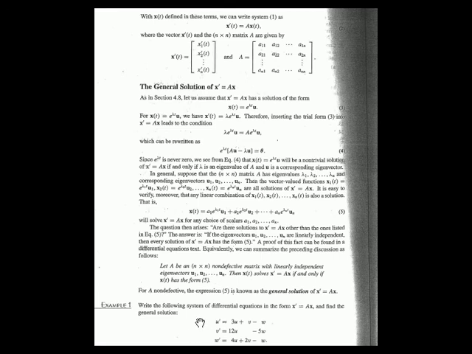For example, the first example they give is a system of three first-order equations. The unknowns are u, v, and w, and A is this matrix of coefficients. We can find the eigenvalues and eigenvectors using the techniques we learned in the previous sections. The three eigenvalues are -1, 1, and 2.